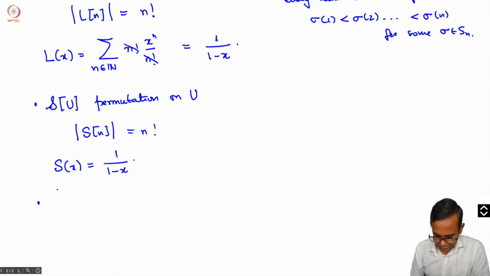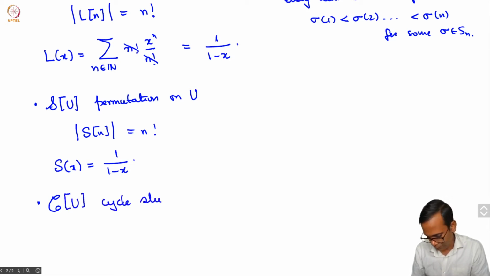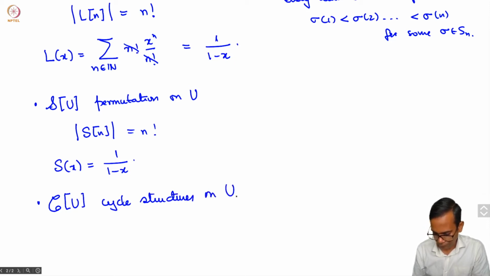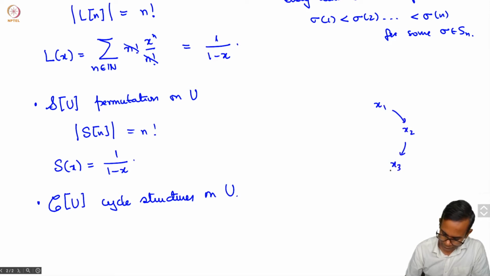An interesting generating series is that of C, the species of cycles, so cycle structures on U. If you have to put a cycle structure on the set 1 to n, then it would be of the form something like x1, x2, x3, and so on, xn.